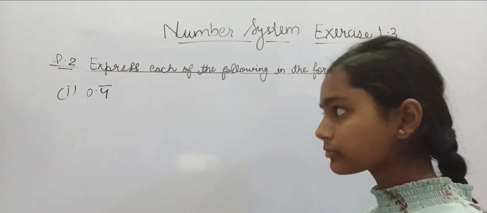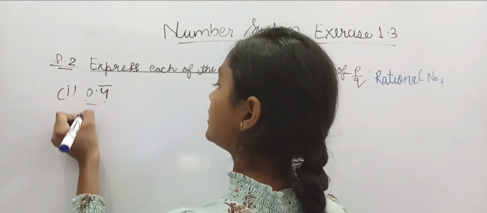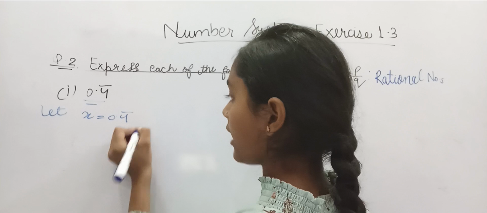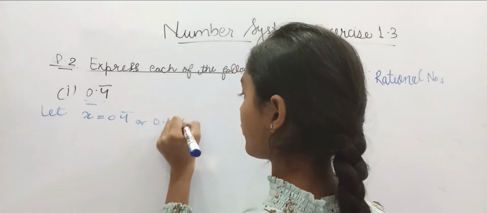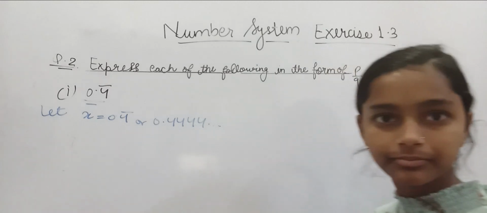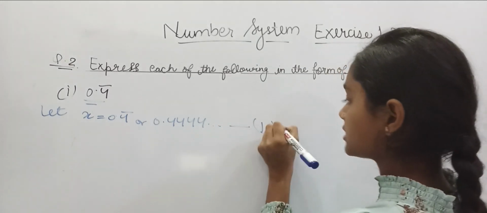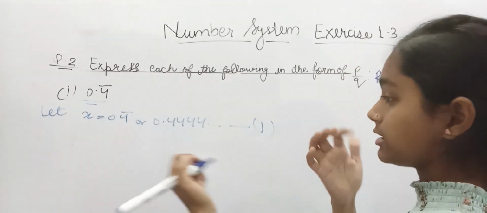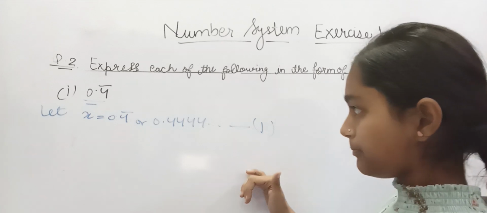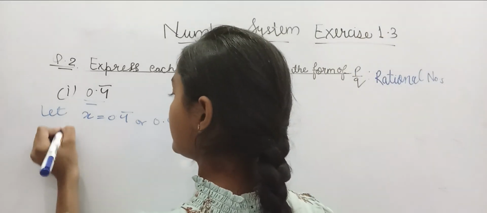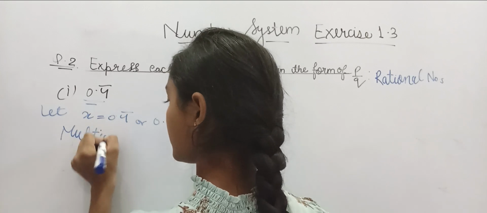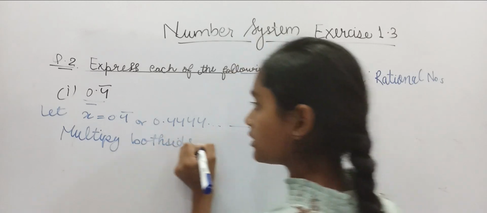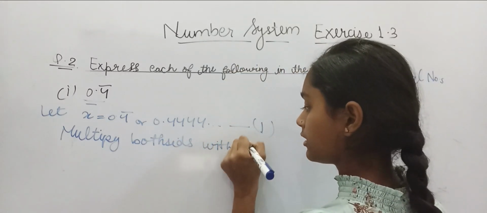Let's start. Let x be equal to 0.4 bar, or 0.4444 and so on. Let this be the first equation. Now what we need to do is multiply both sides with 10. Multiply both sides with 10.